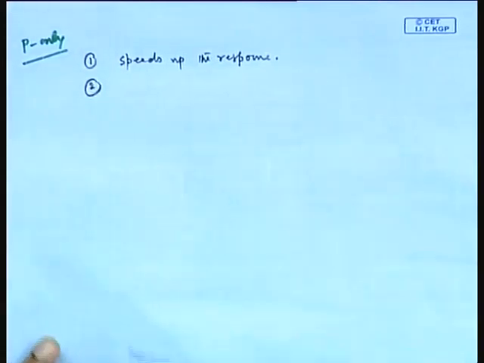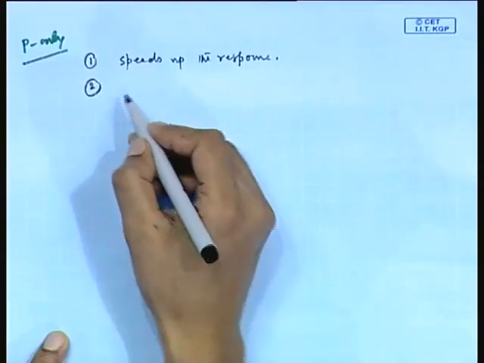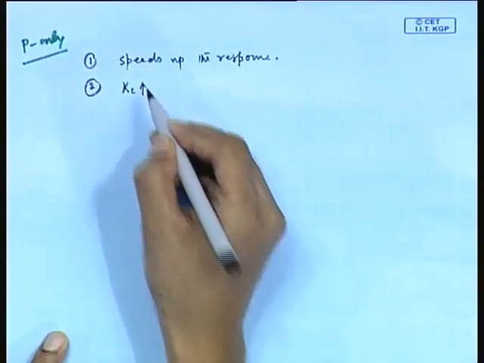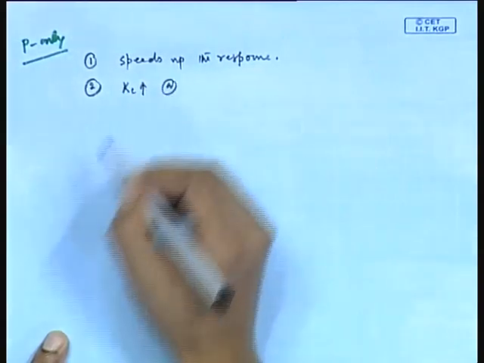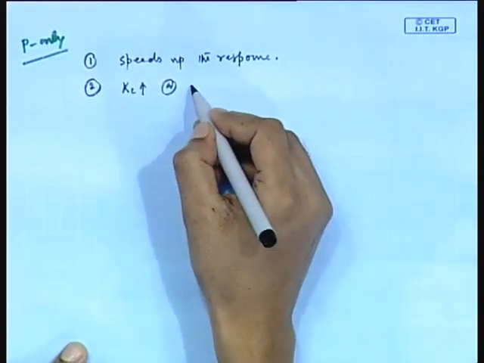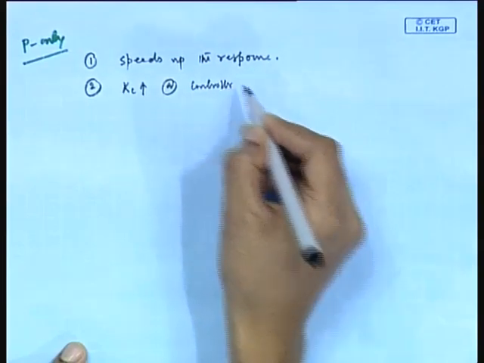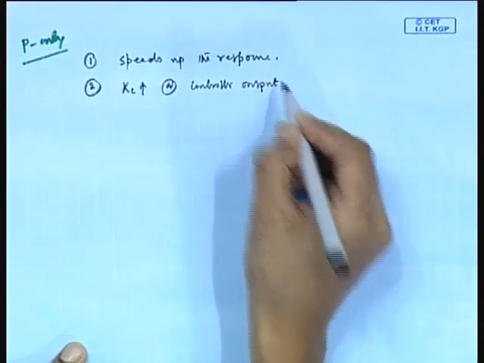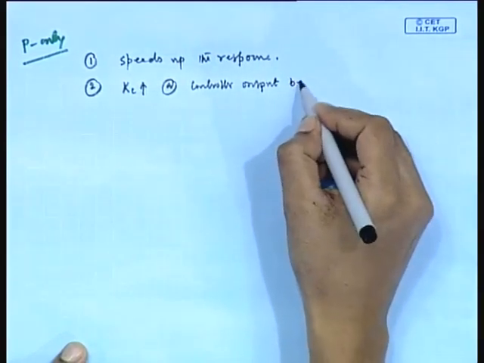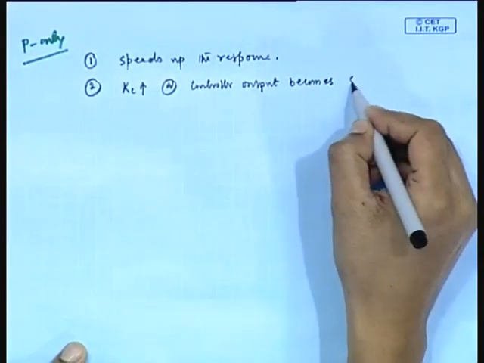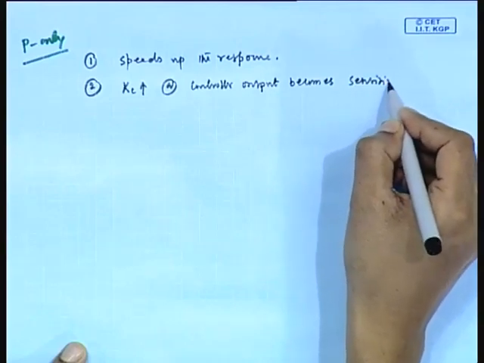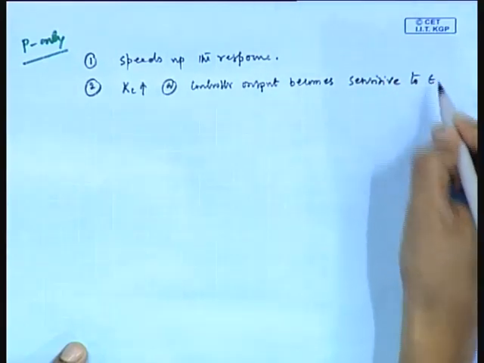Secondly, we can say that with the increase of Kc value, the proportional only controller output becomes more sensitive to error. With the increase of Kc value, the P-only controller output becomes more sensitive to the actuating error signal.